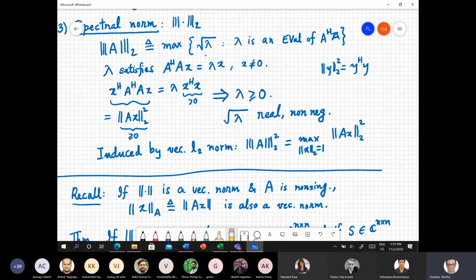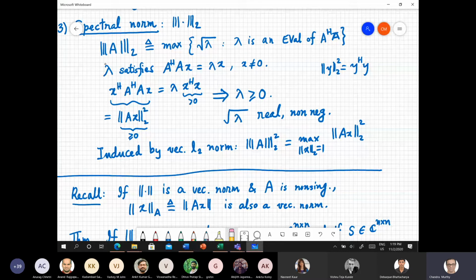It's the maximum root lambda where lambda is an eigenvalue of A Hermitian A. Whereas the spectral radius is the maximum mod lambda where lambda is an eigenvalue of A itself. It's a good point you make, because what is interesting here is that these two are very different objects. The spectral norm is a matrix norm, whereas the spectral radius is not a matrix norm.